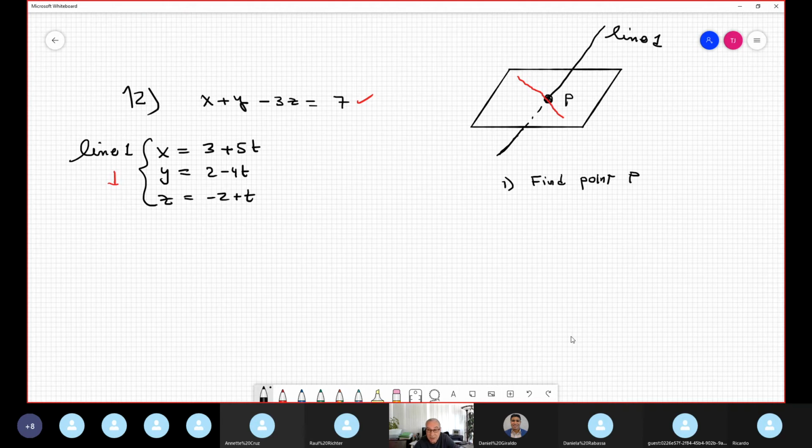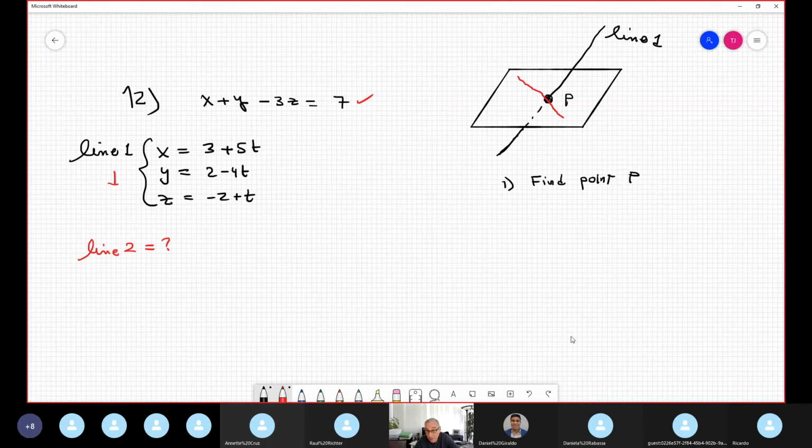Okay, when you have P in my hand, remember the two pieces of information that we need to define a new line. So we have a line 2. Line 2 is my problem. I need two pieces of information. We need the point.